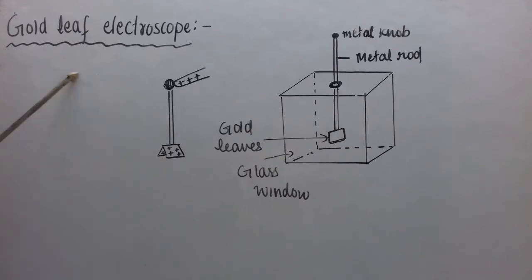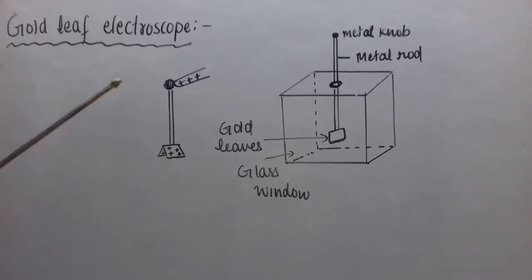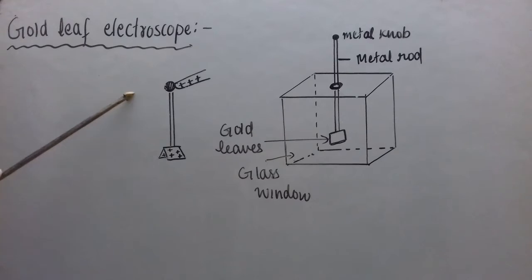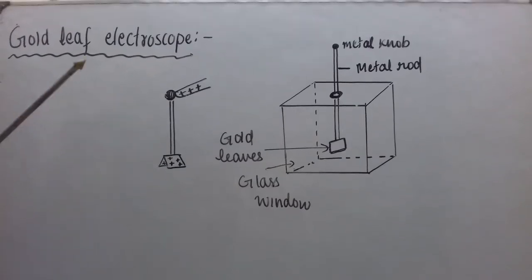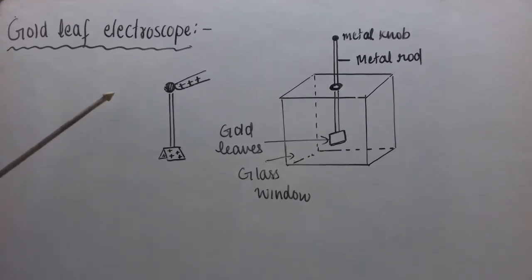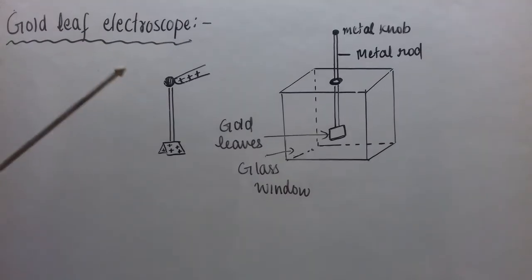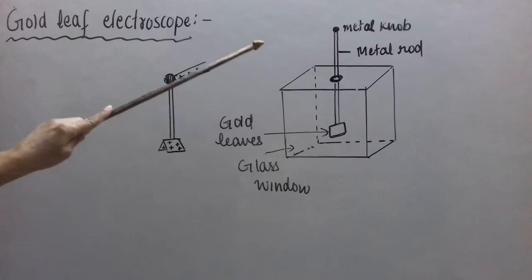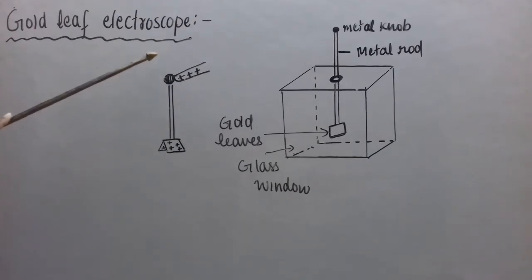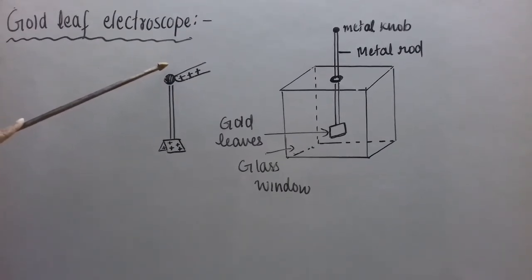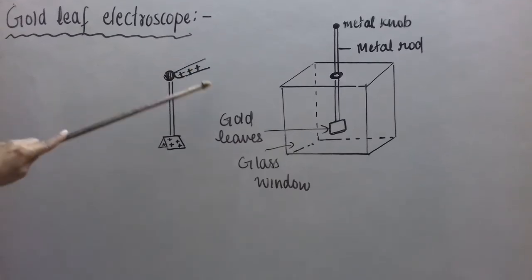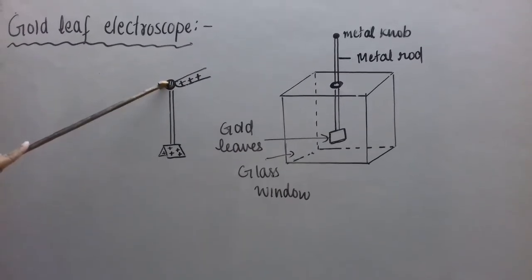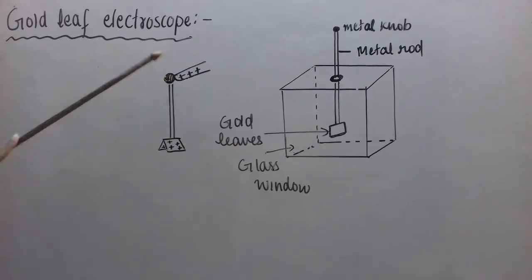Now let us bring another object which we want to detect, whether it is charged or not charged, and if it is charged, whether it is positively charged or negatively charged. So now we will remove this glass rod and bring that another unknown object. If we bring it close in contact with the metal knob, now what will happen?